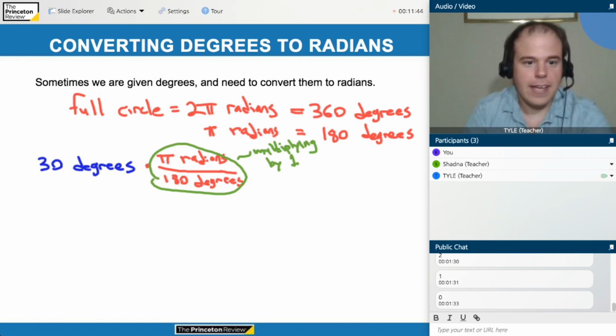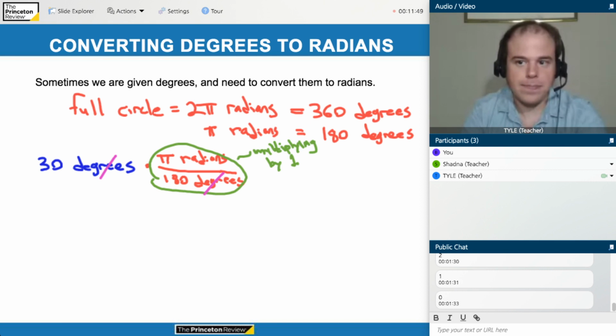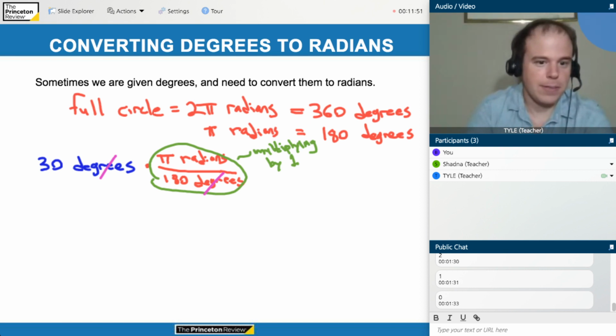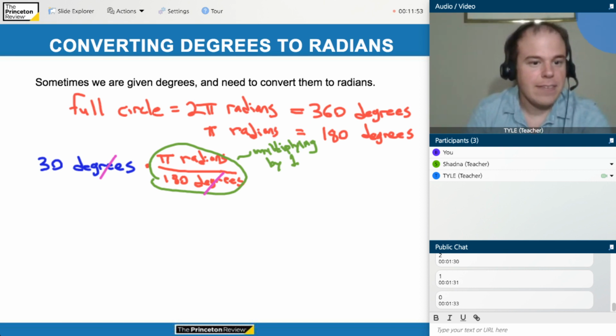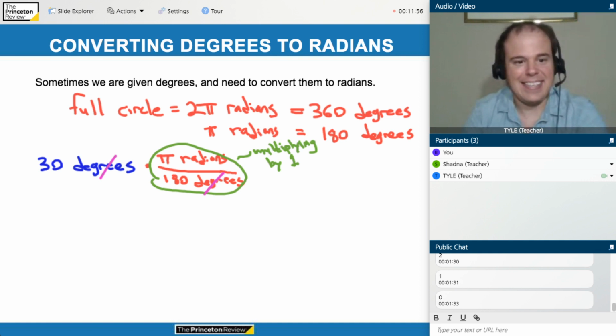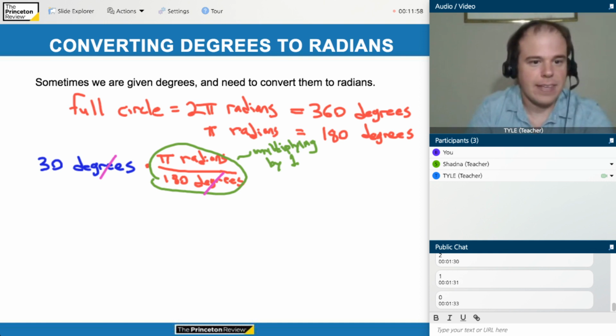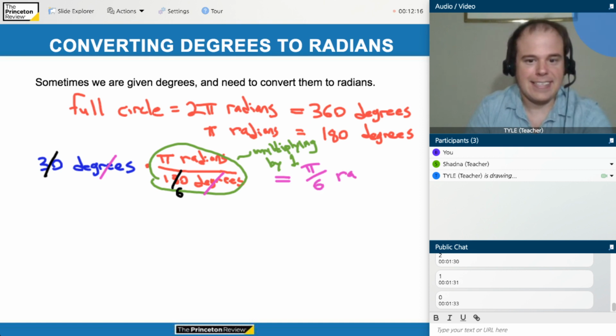The reason to do that is that with degrees on bottom, the degrees cancel out of this fraction when I multiply, leaving me with units of radians. And similarly, the 30 here sort of cancels with the 180 to simplify to 6. So then all in all, when I do all this out, I get pi over 6 radians.